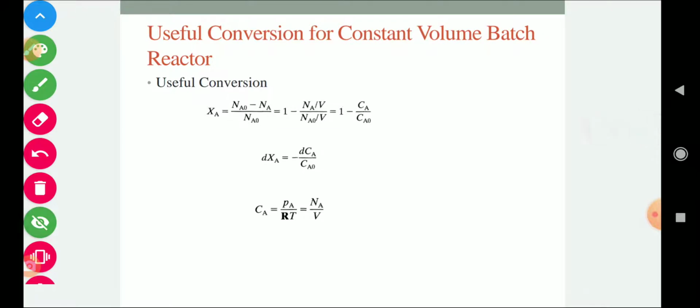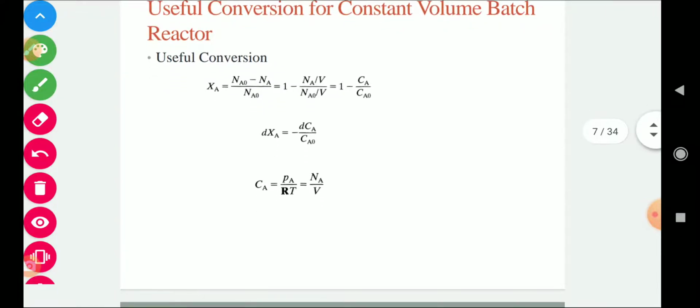These are some other useful conversions. XA indicates the conversion. The conversion will be equal to initial number of moles minus final number of moles upon initial number of moles, so NA0 minus NA upon NA0. If we simplify this equation by dividing and multiplying by V, then NA upon V, number of moles per unit volume, is concentration.